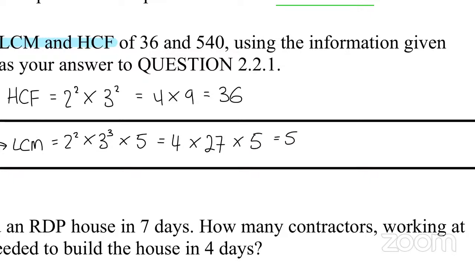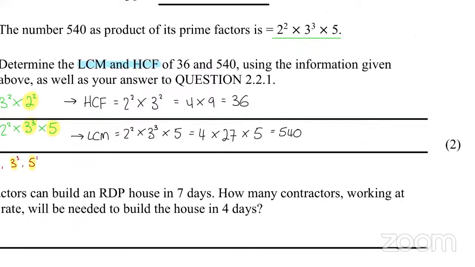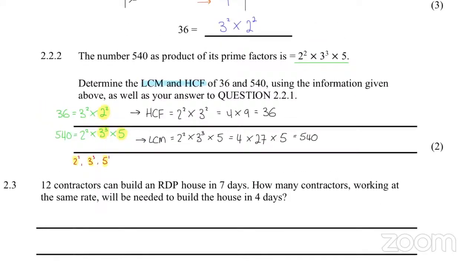Never mind, today is not my day, clearly. Therefore the LCM, the lowest common multiple of 36 and 540, is 540. Pretty cool question, because the HCF was one of the numbers and the LCM was the other number. Hope that makes sense.